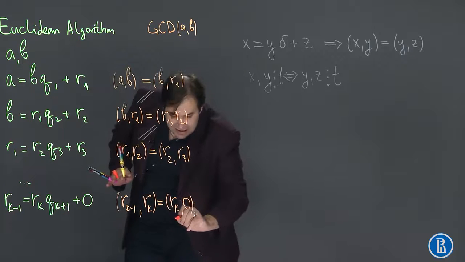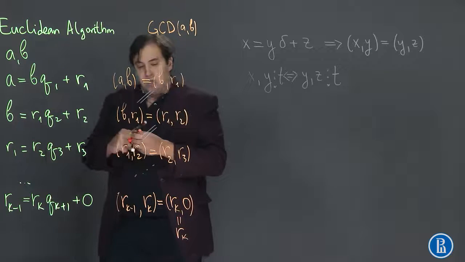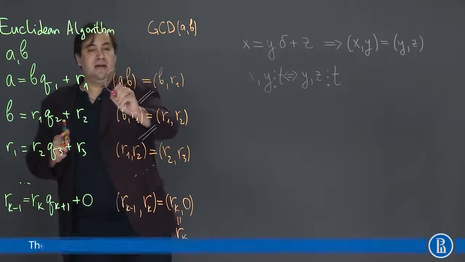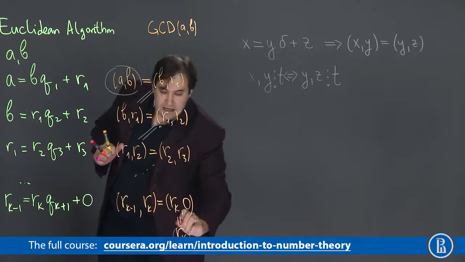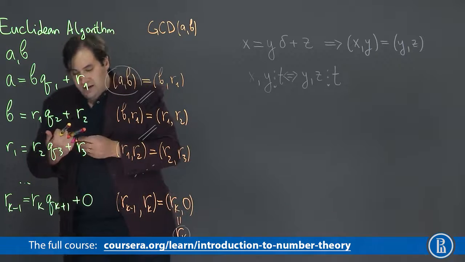So this is equal to R_k, which finally proves that the greatest common divisor of A and B is actually equal to R_k, since all these GCDs are equal.